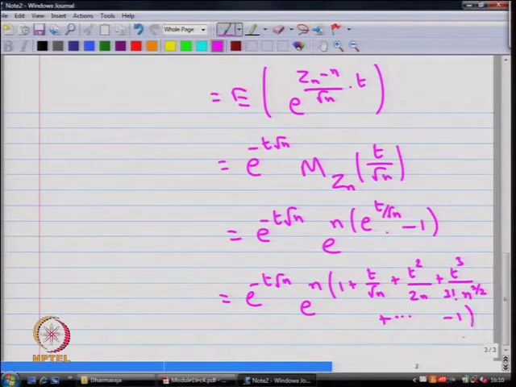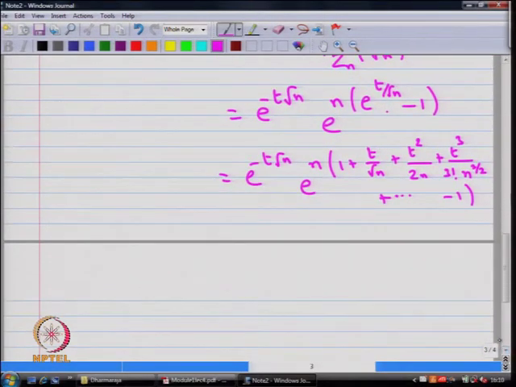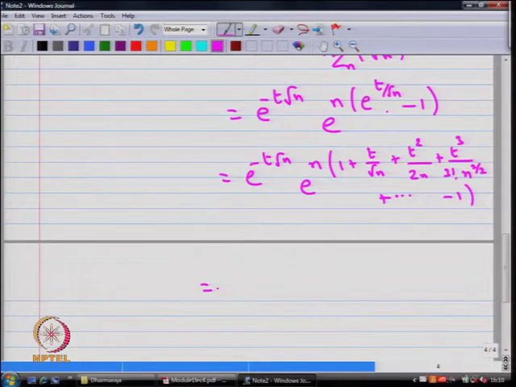So, close the bracket, that is same as e power t root n multiplied by, so this 1 plus 1 and minus 1 will be cancelled.